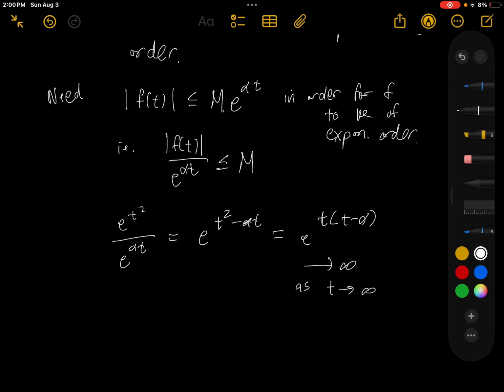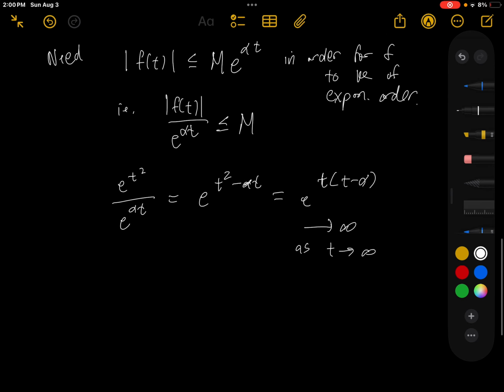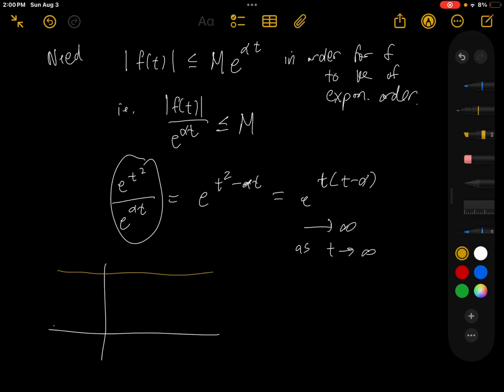Like there's no m such that... If you imagine graphing this ratio, to be of exponential order, you have to be able to come up with some m so that this ratio is always below m.